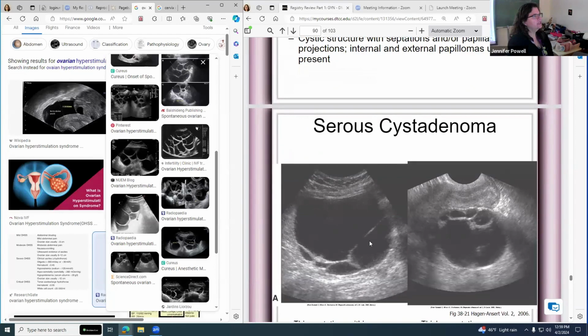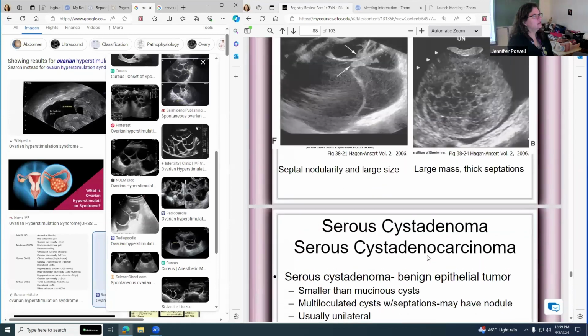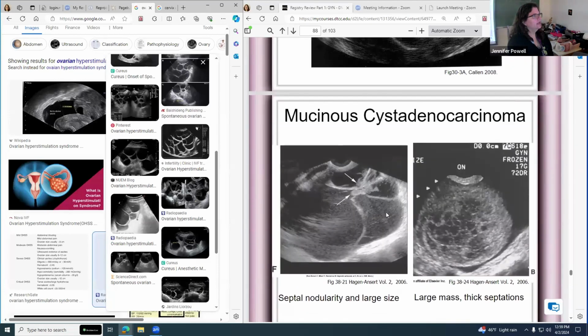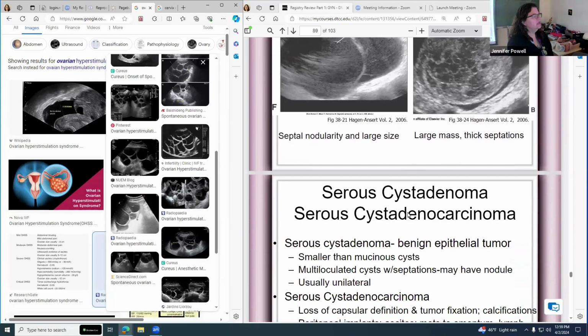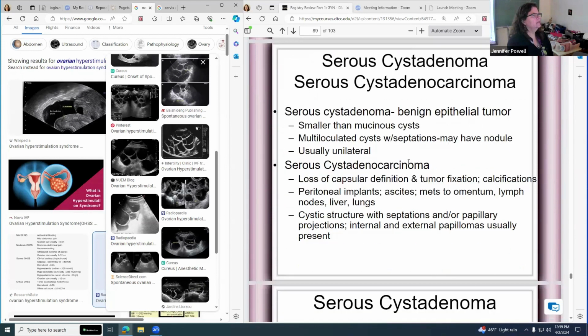Again, here is a serous cystadenoma. Okay, mucinous, and then we moved on to serous. So serous can be malignant.